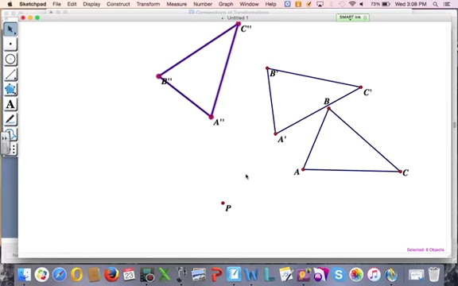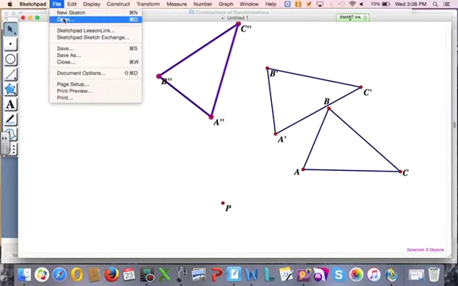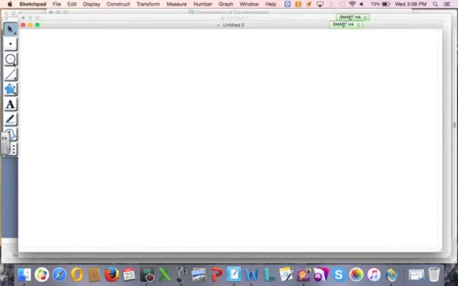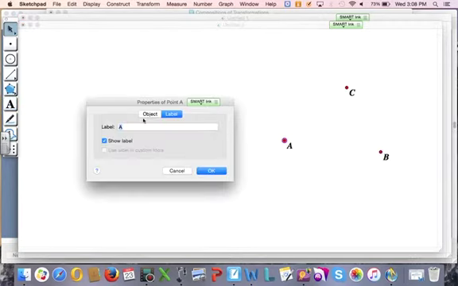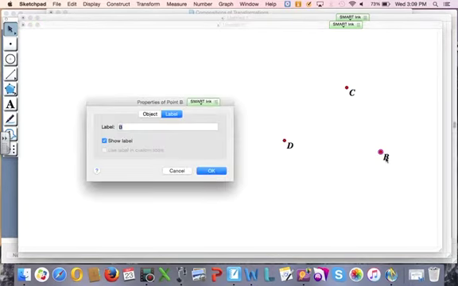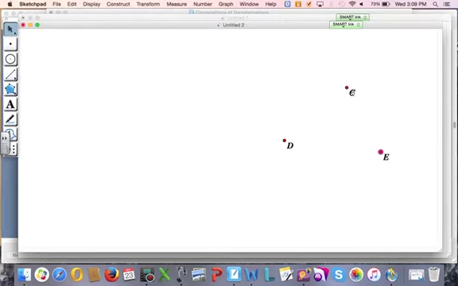In part C of that explore activity, your book says using geometry software, draw a triangle and label the vertices D, E, and F. So I need to open a new sketch and make a new triangle this time. Okay, so I've made my points.